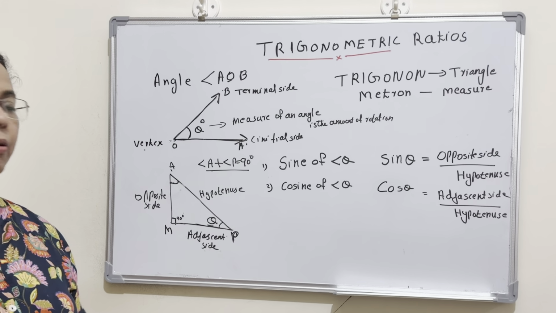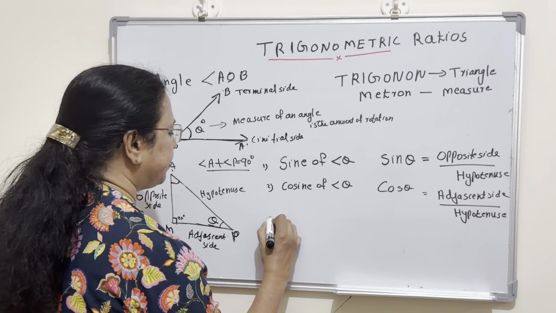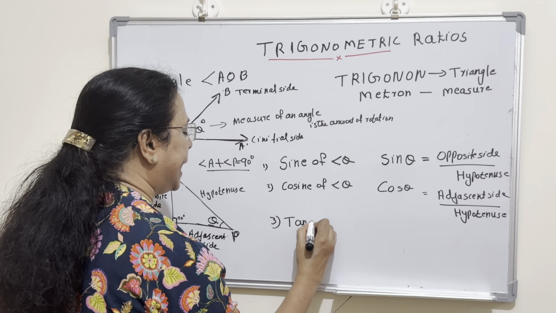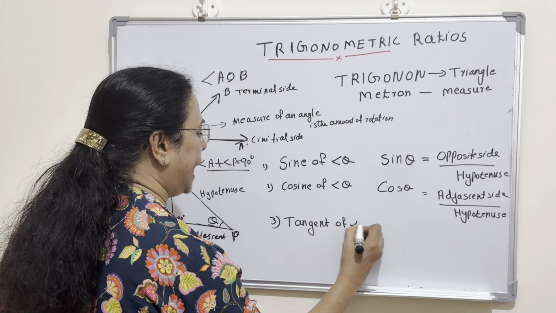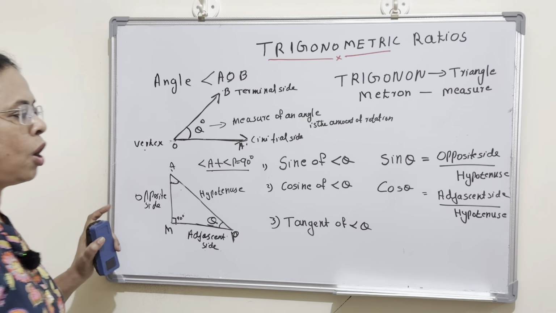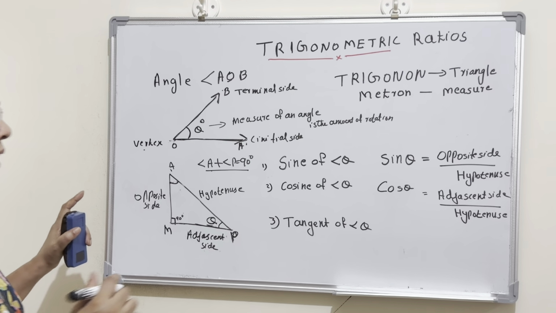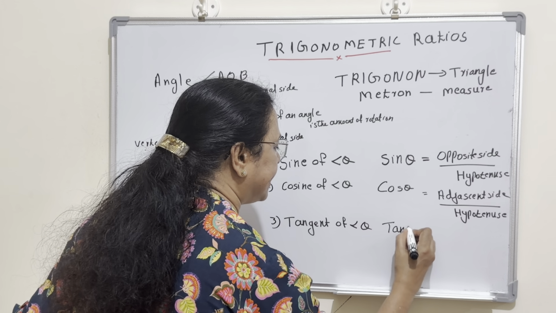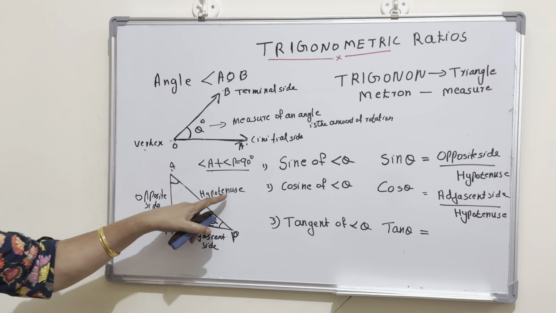Next, the third trigonometric ratio is called the tangent of angle theta. Again it is a ratio. Tangent of angle theta, shortly I can call tan theta. What is tan theta? In tan theta we don't have the hypotenuse.